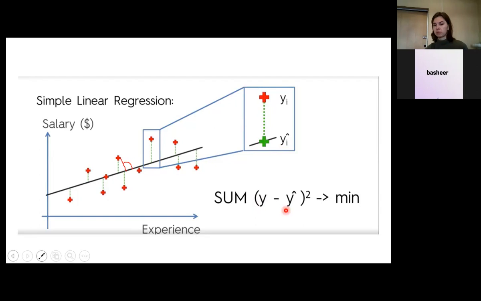You may see the prediction here, because it's compared to different lines. If you plot it somewhere here, we actually see this difference.